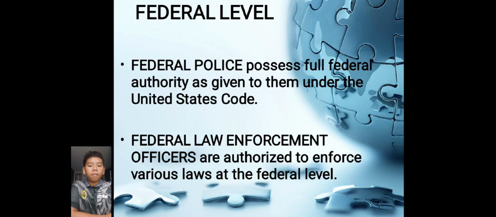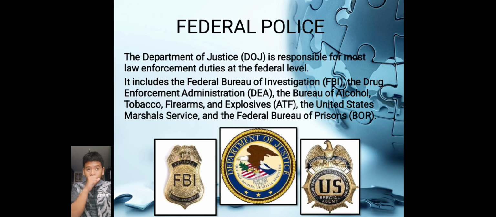At the federal level, the federal police possess full federal authority as given to them under the United States Code. The federal law enforcement officers are authorized to enforce various laws at the federal level. The Department of Justice, or the DOJ, is responsible for most law enforcement duties at the federal level.